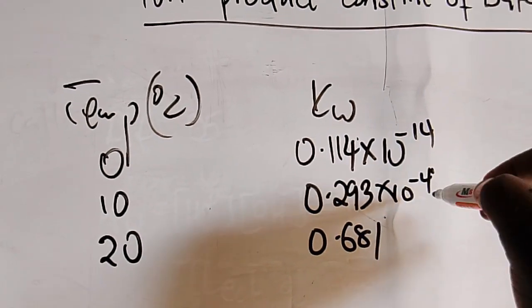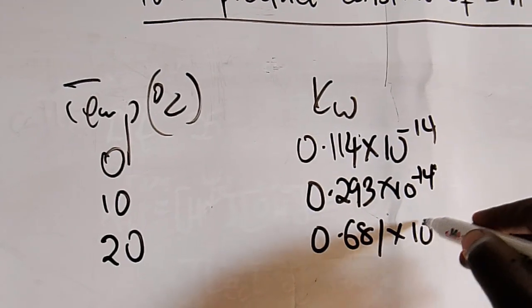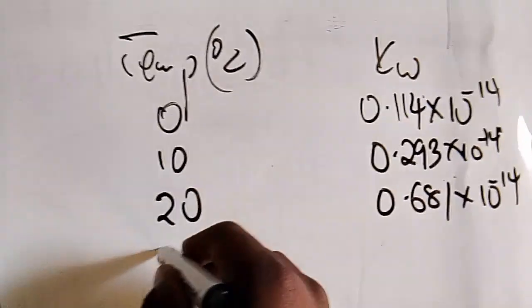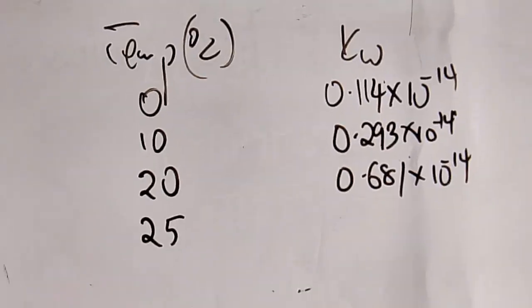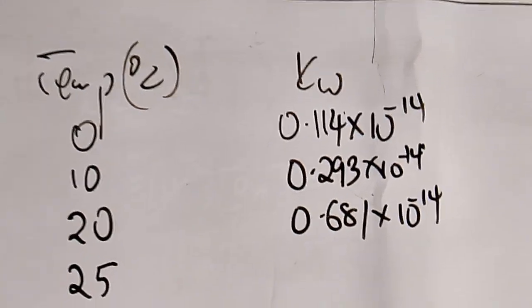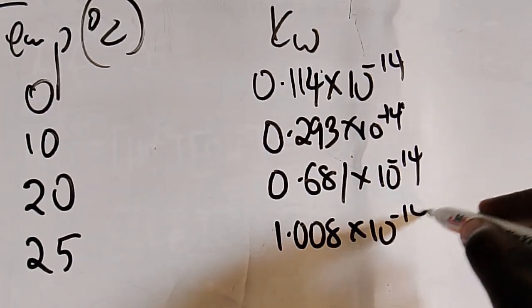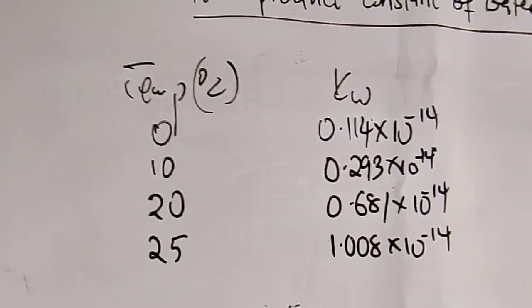These are all times 10 to the power negative 14. Then at 25 degrees Celsius, it's 1.008 times 10 to the power negative 14.